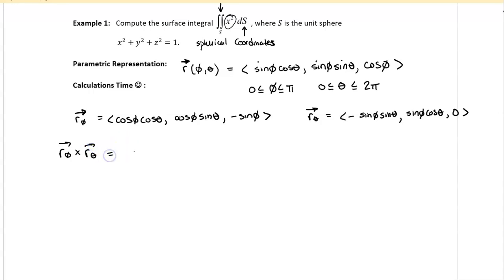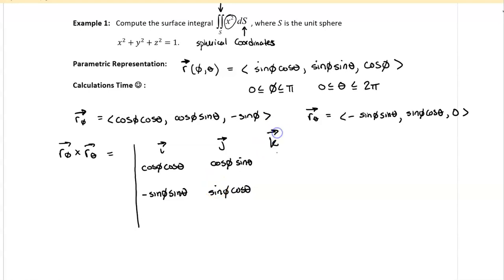Write this guy out, give myself enough space here, so I'm going to go down the columns instead of across the rows. We have cosine phi cosine theta, and then we have negative sine phi sine theta. j, cosine phi sine theta, and sine phi cosine theta.